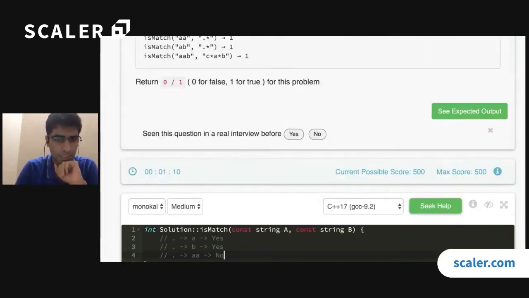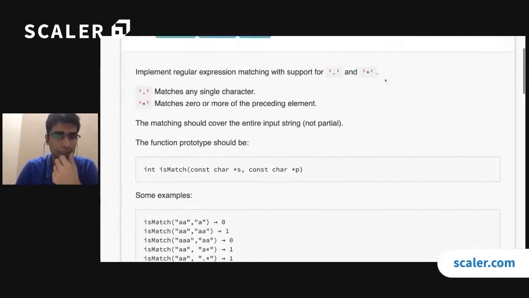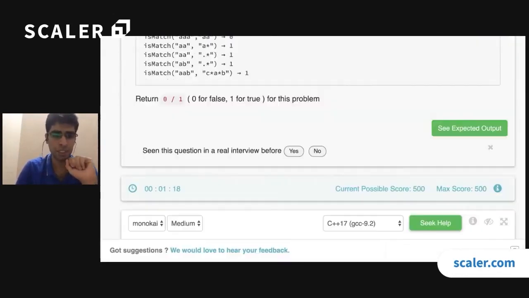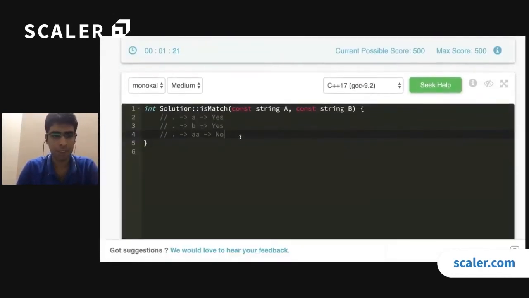The second special character given to us is the asterisk, and asterisk can match 0 or more of the preceding element. What it means is that, suppose we have a star, it can match a, it can also match aa, and so on.